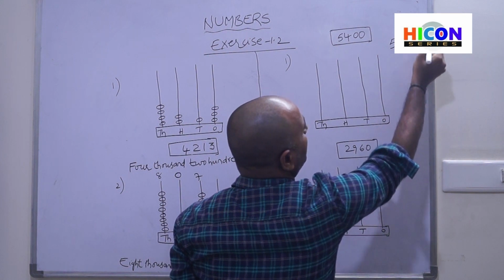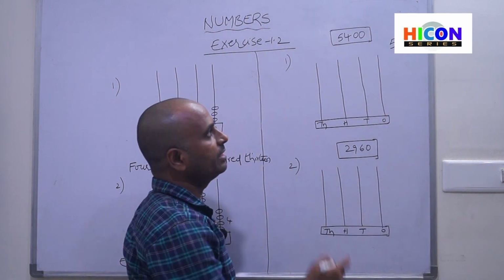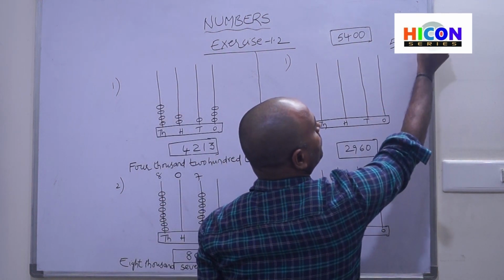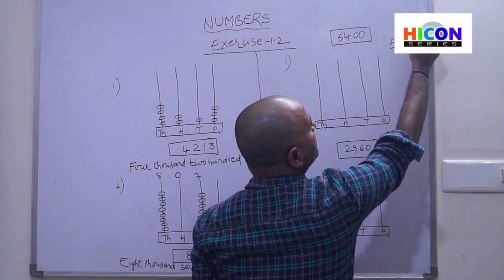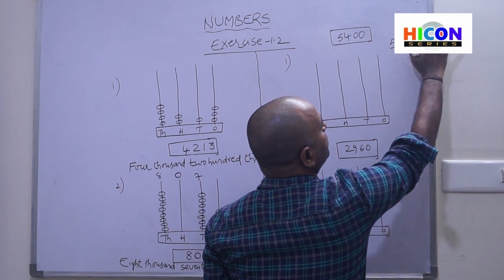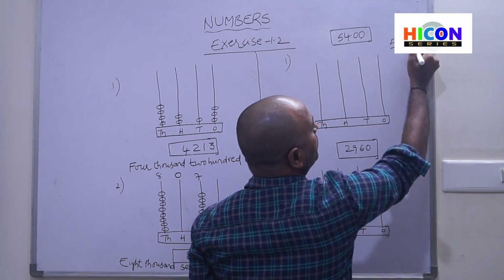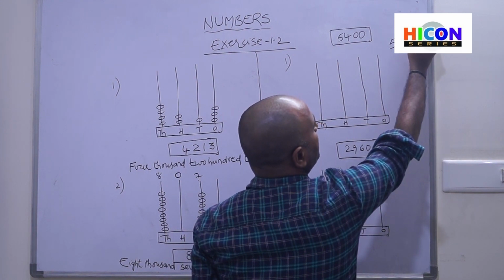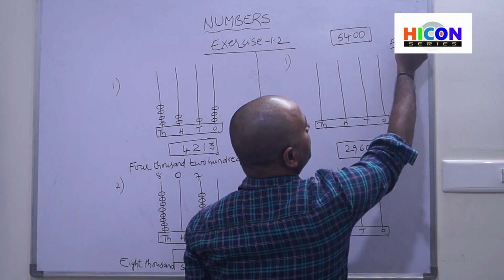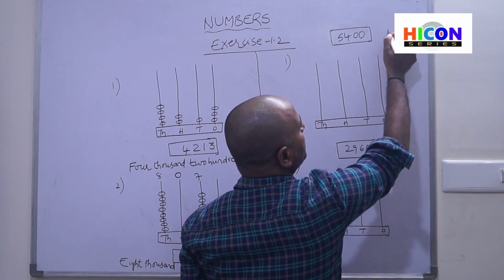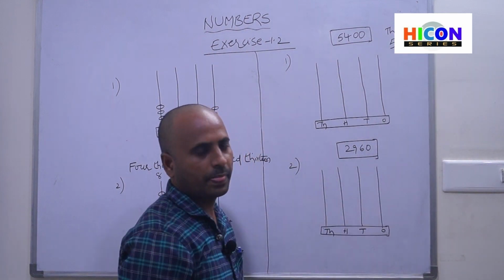Write the places for each digit. 0 is present in the ones place, 0 is present in the tens place, 4 is present in the hundreds place, and 5 is present in the thousands place.